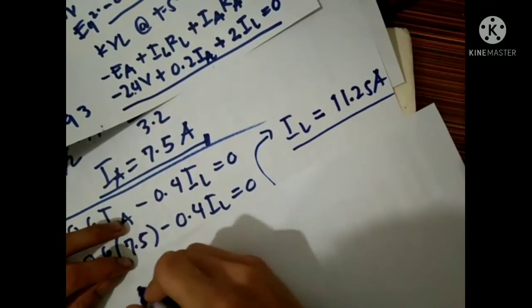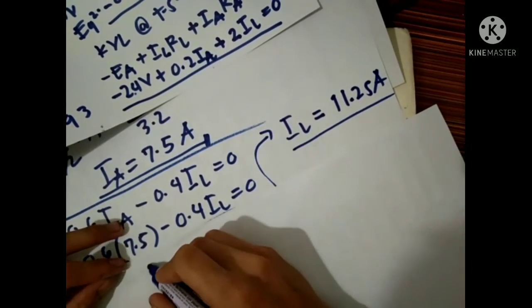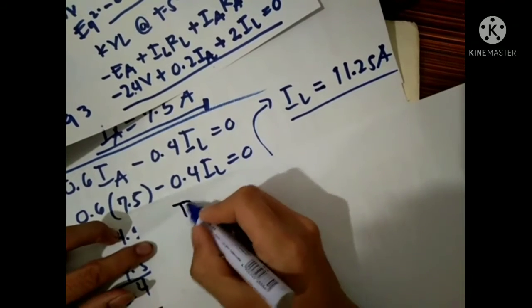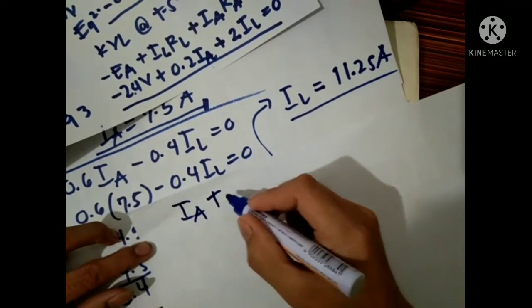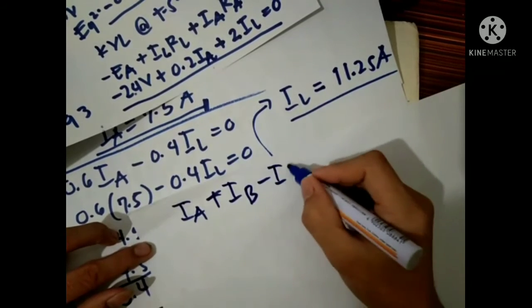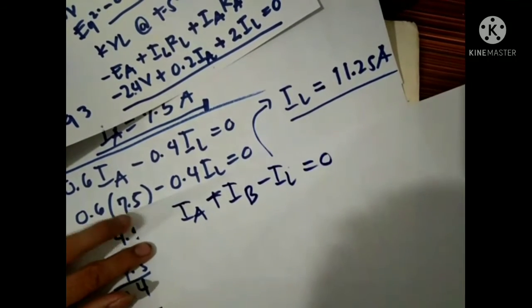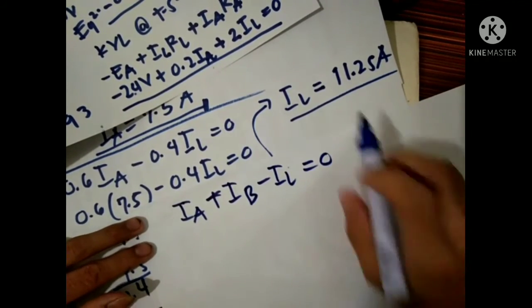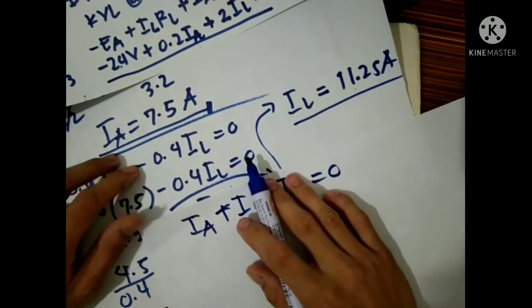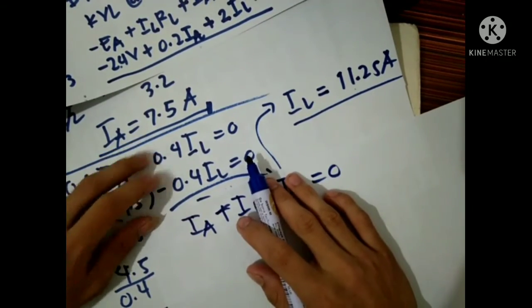So we have IL 11.25 and IA is 7.5 amperes.